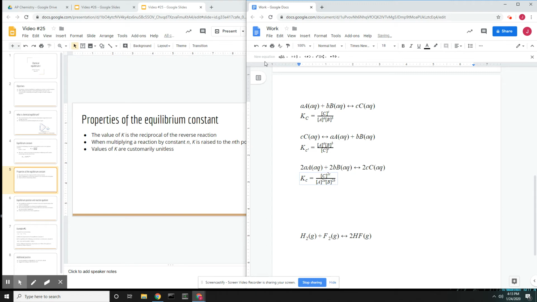So rather than writing that out, I could have just taken my original Kc and squared it, just to save myself that work. In retrospect, that should be double prime as well.